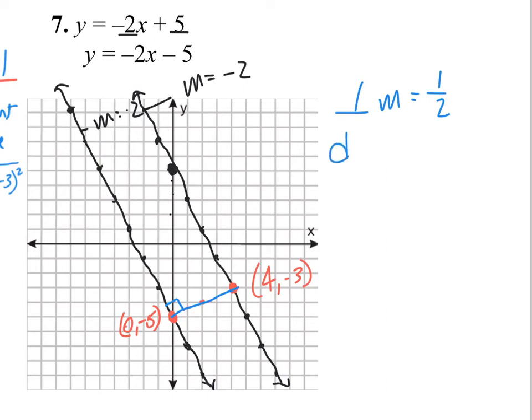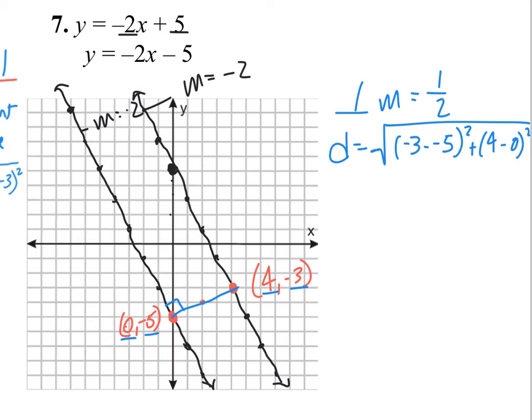So my distance is equal to the square root of (-3 minus -5) squared plus (4 minus 0) squared. Let me write this a little bit better. So (-3 minus -5) squared plus (4 minus 0) squared.